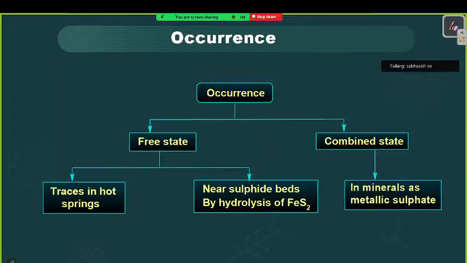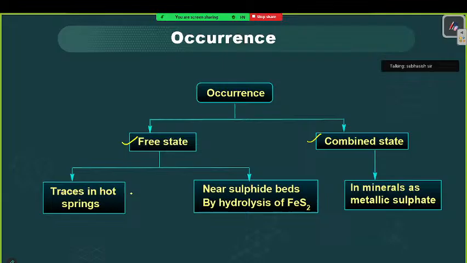Now we want to discuss the occurrence of sulfuric acid. Occurrence means in which form sulfuric acid is present in nature. That is two different forms, just like other cases also. One is the free state and another one is the combined state.